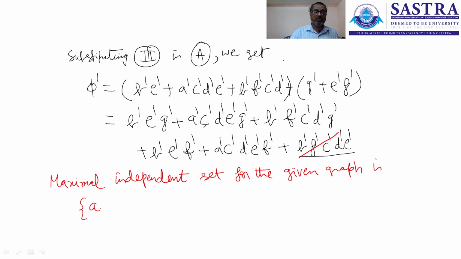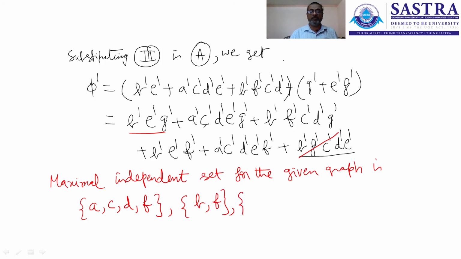A is not there, B is there, C, D is not there, E is there, F is not there. So corresponding to the first term I have A, C, D, F. For the second one, I don't have B dash and F dash, so I have written A, B, C, D, E, F here. For the third one, A is there, B, C, D, E is missing, so I have A, E.